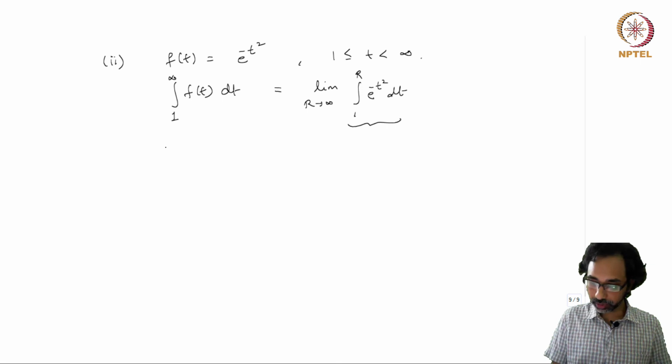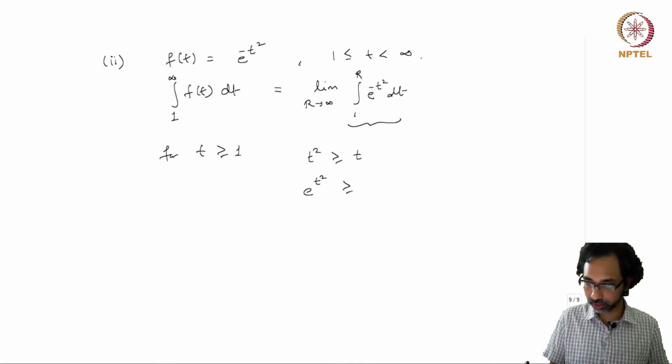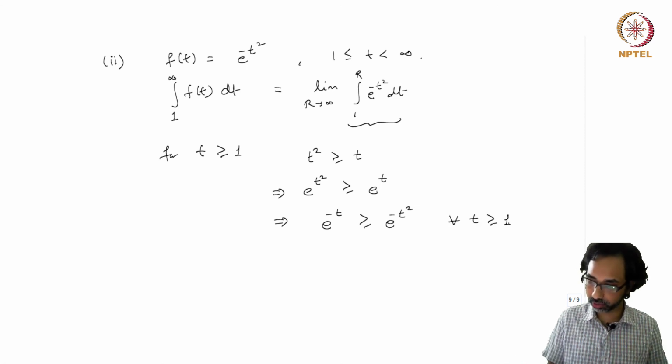So note that for t greater than or equal to 1, t squared is greater than or equal to t, right? Therefore e to the power t squared is greater than or equal to e to the power t, and this implies that e to the power minus t is greater than or equal to e to the power minus t squared for all t greater than or equal to 1.